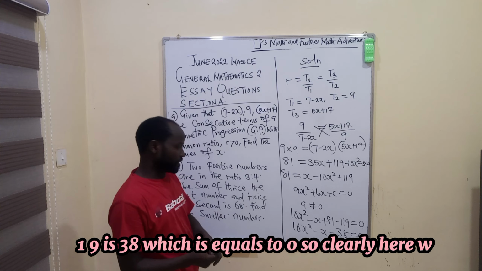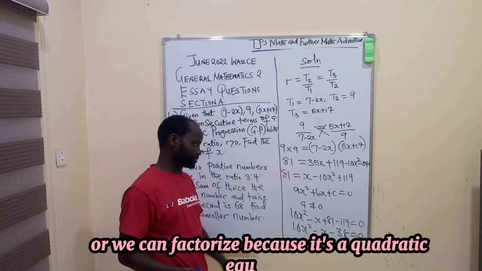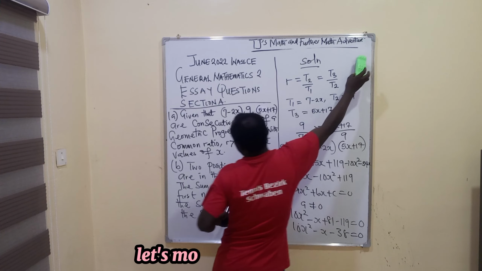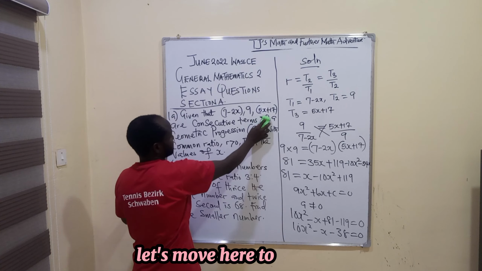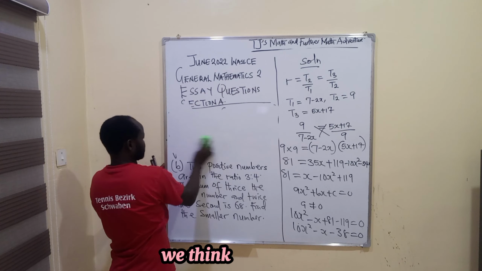Clearly here we can factorize, because this is a quadratic equation. To factorize now, we multiply 10 by 38, and that will be 380. We think of two factors of 380 that can give us minus 1.